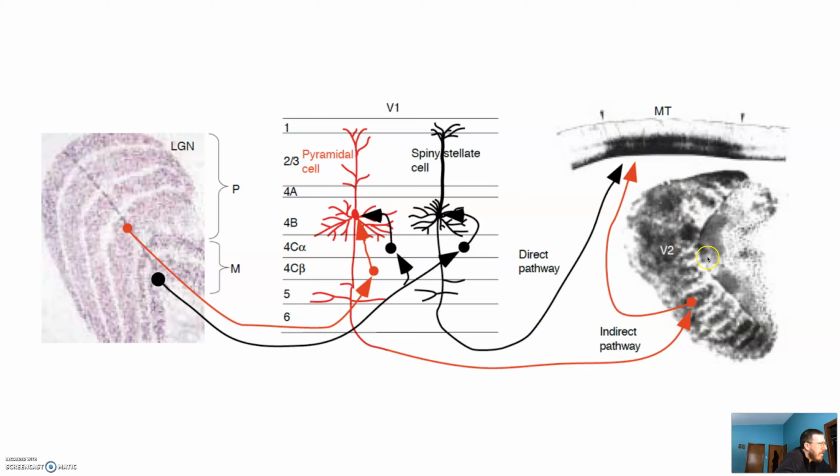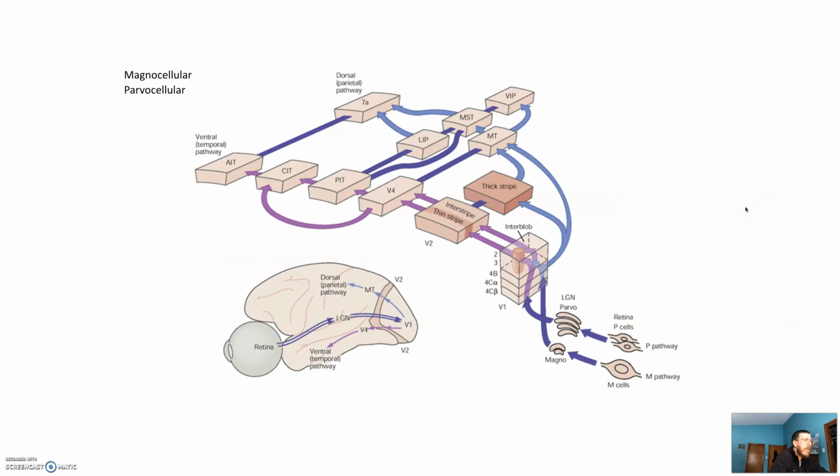These are some stains of V2 and MT showing some of the stereotypical features of them, and here are the blobs of V1 you can also see. So here is that image from two slides ago, but fleshed out even further anterior into the brain, showing the ultimate direction that these pathways take.